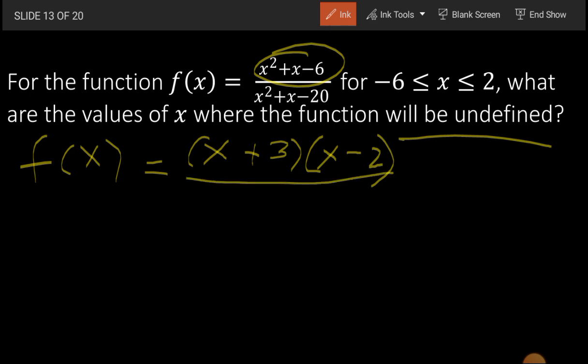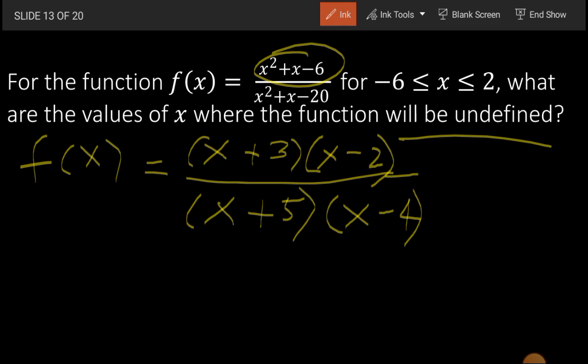For the denominator, the factors of x squared plus x minus 20 will be x plus 5 and x minus 4. As you can see, there are no common factors in the numerator and in the denominator, so we cannot cancel anything.